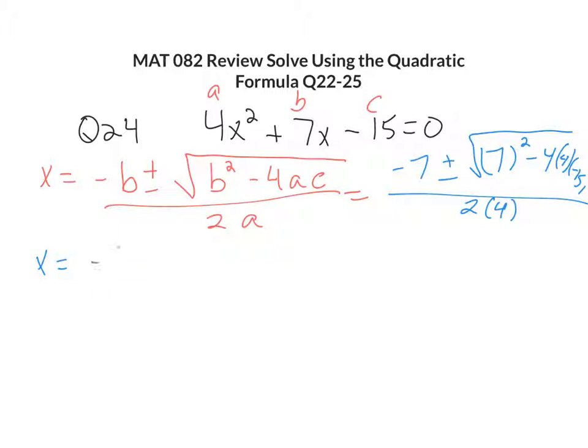We have negative 7 plus or minus 7 squared, which is 49. And then I have negative 4 times negative 15. When I multiply all those together, that gives me a positive 240, all over 8.